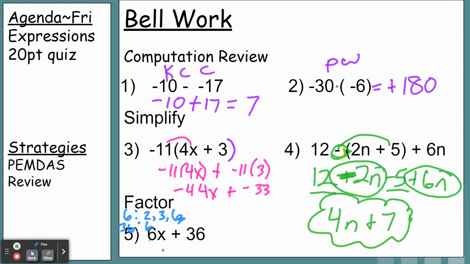So we're going to divide by 6. Remember, what you're dividing by goes outside the parentheses. 6 divided by 6 makes a 1x plus, and 36 divided by 6 is 6. And there's your answer for that one. Okay, so make sure you're paying attention to those things when you go through your quiz today.